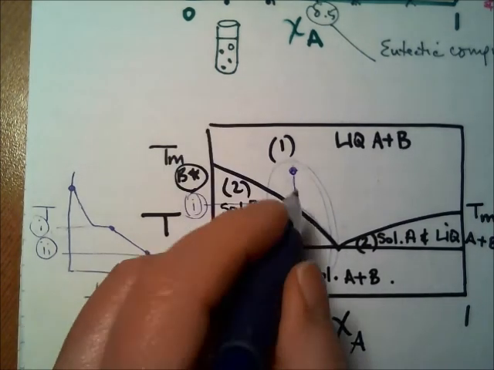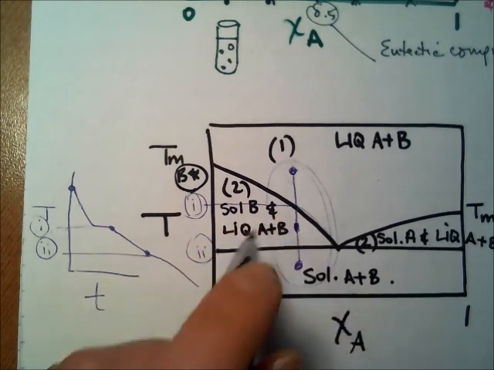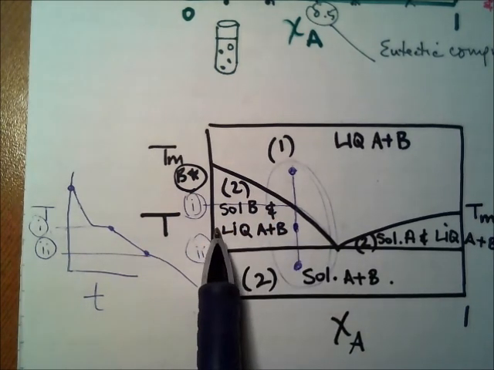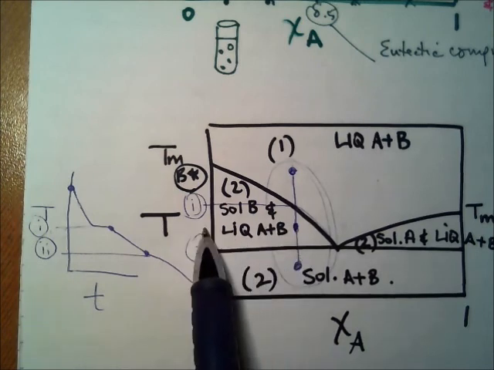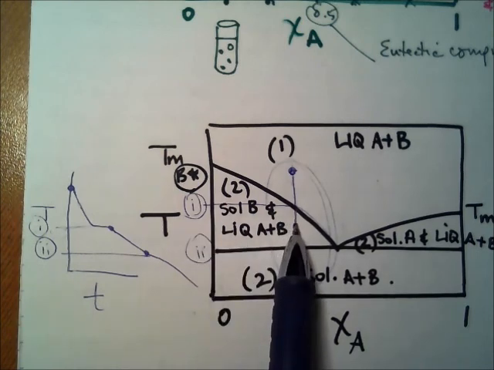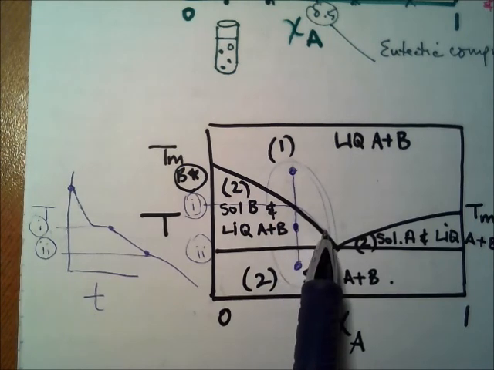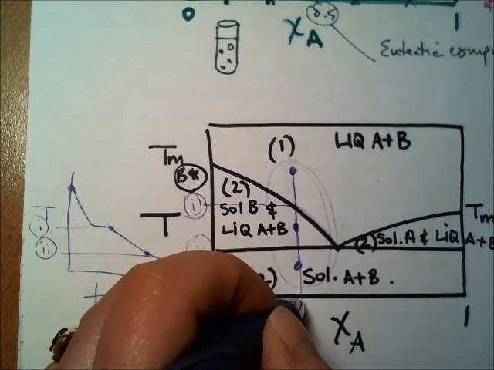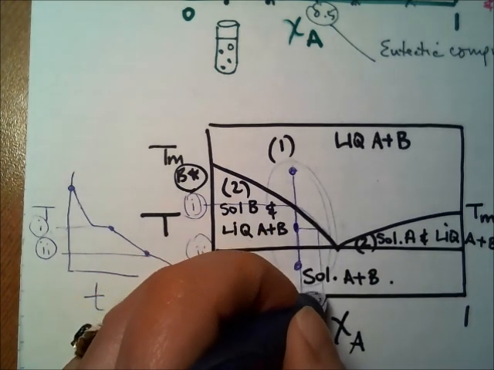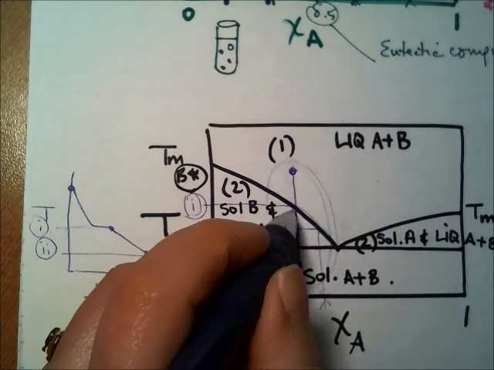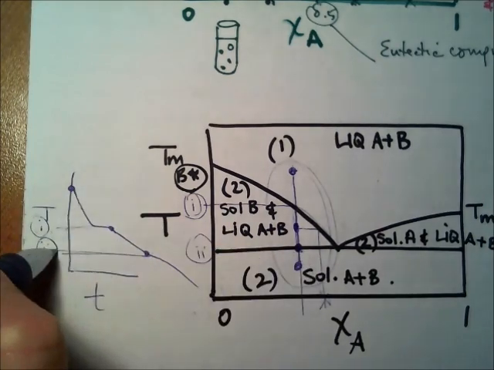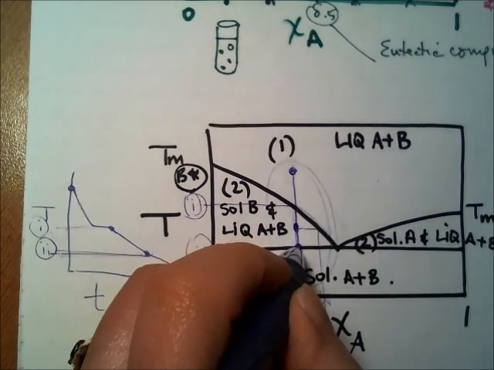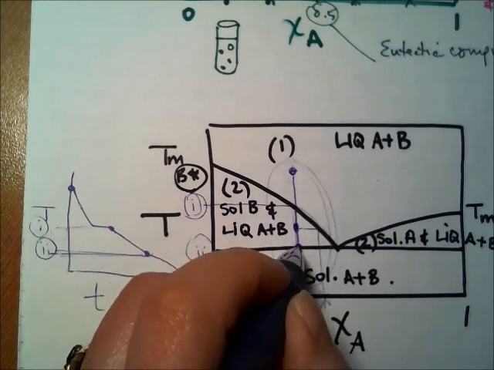So then let's say I stop here. Now what? I still have pure B crystals, but more B has crystallized out, and it's leaving behind now a liquid that is, instead of this composition, it's now this composition, until I finally reach this point, and this point is where I see the second crystallization occurring, and that's of the eutectic.